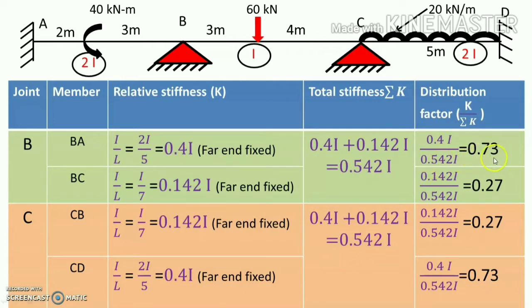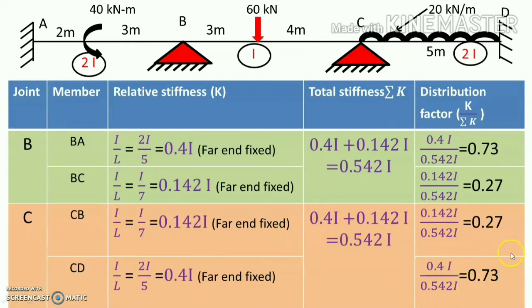Individual stiffness 0.142 divided by 0.542 gives 0.27. In the same way, for CB the individual stiffness divided by the total stiffness gives 0.27. For CD, again individual stiffness 0.4 divided by 0.542 gives the value 0.73.